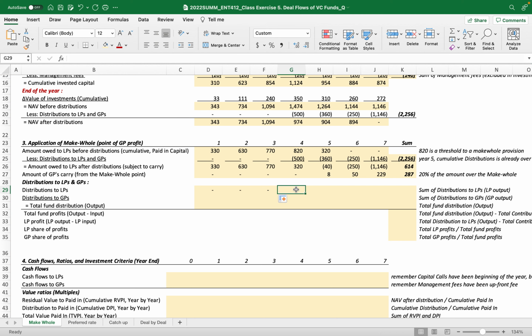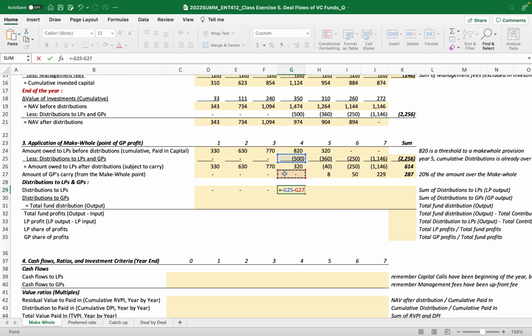Then let's convert this. We want to remove negative, and then the amount of GP carry, because we want to subtract 40 minus 80, right? So starting from here, and then minus this.